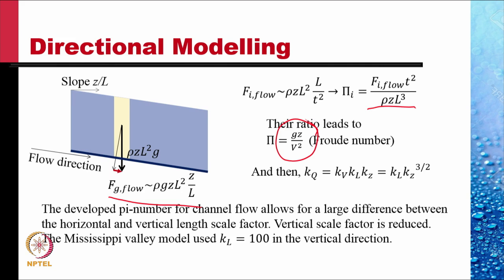The Mississippi Valley model uses Kz equal to 100 in the vertical direction, so that the Weber number becomes of the order of 0.5, less than 1. And so the surface tension effects, even in the model flow, are almost negligible.